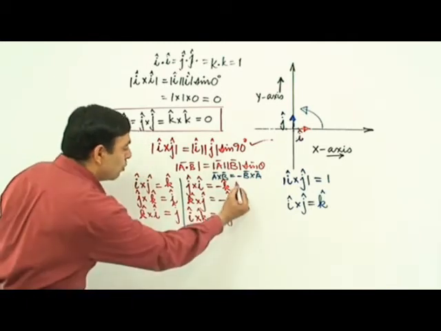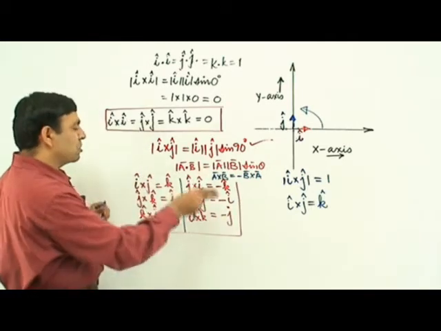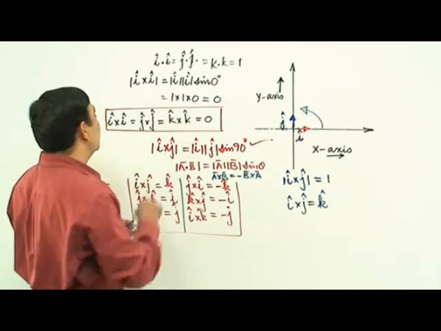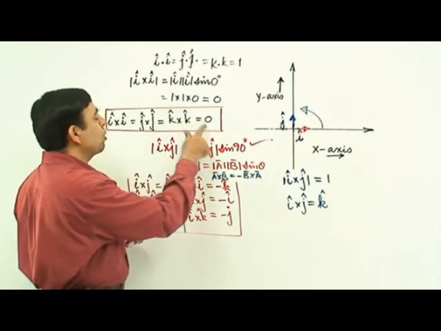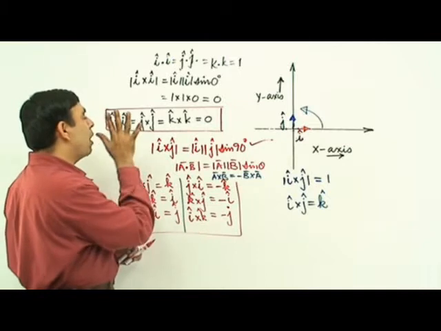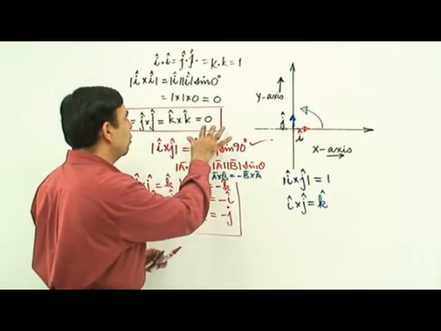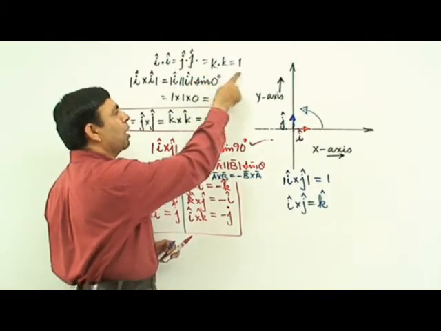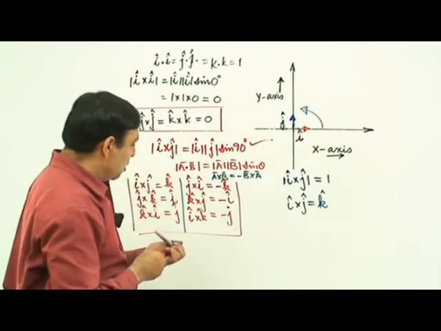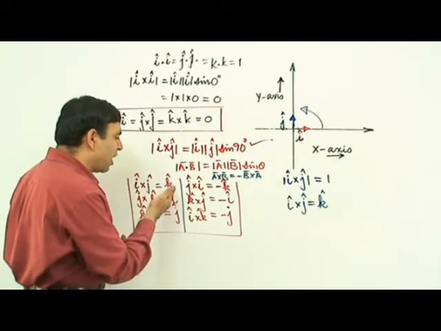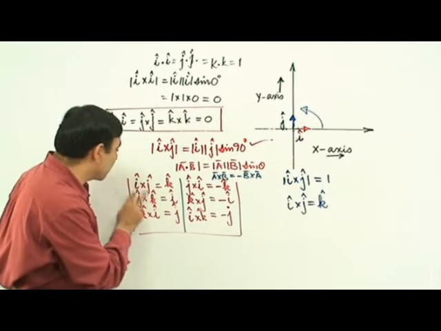Okay, so one thing is clear: only 3 terms are going to be 0 when you are computing the cross product. I dot I, j dot j, k dot k is 1, and I cross j is k. It's not 1 or 0, because a cross product is a vector itself.